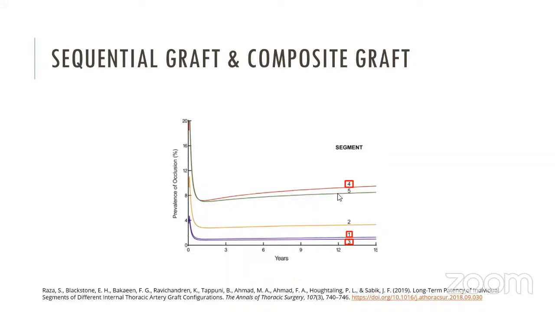However, there is some reduction within the free graft that is used, of around 8 to 10%. But still, this is much, much better than using a vein graft, where 40% of them would be patent by that time. If you use a free graft radial as a composite, maybe 90% will be patent.